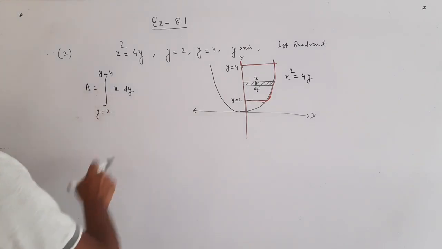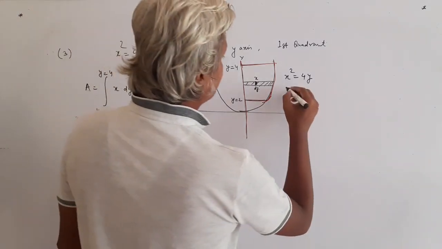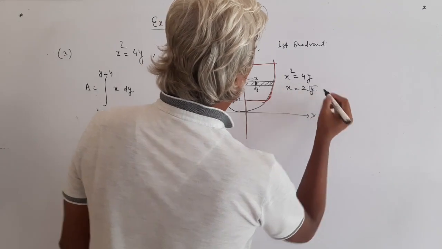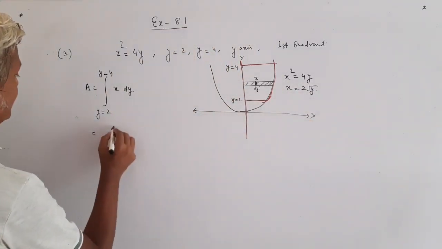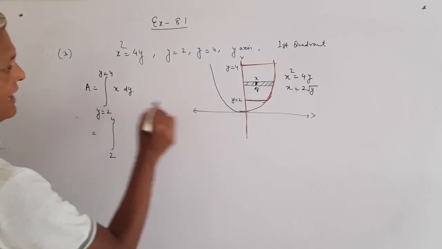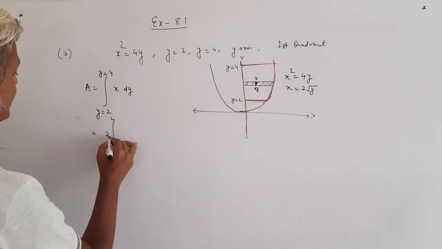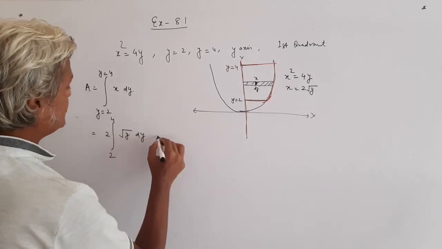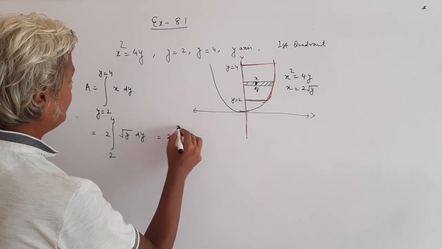Then what is the value of x? x is 2 under root y. So the area will be from y is 2 to y is 4, and what is x? 2, I am just keeping it outside, root y dy. So again you are getting 2.